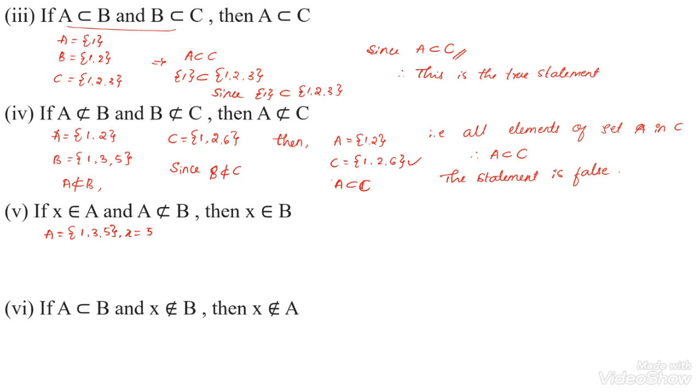Again, A is not a subset of B means B also contains different elements other than this set. For example, I will consider 0, 2 here. So A is a set containing the elements 1, 3, 5 and B is a set containing 0, 2, by the condition A is not a subset of B. After that, does element X belong to B?